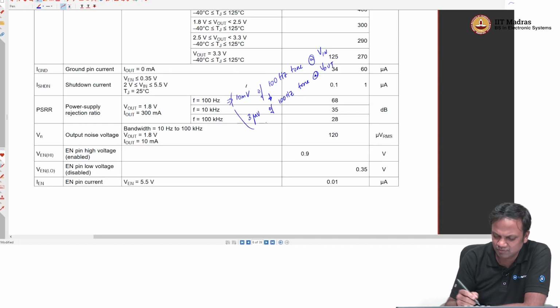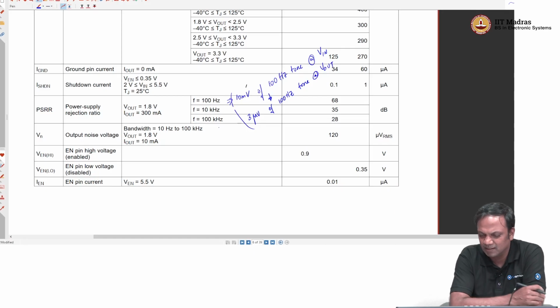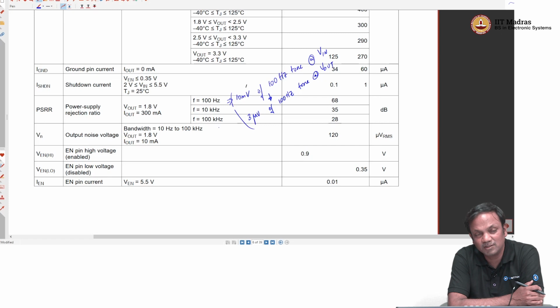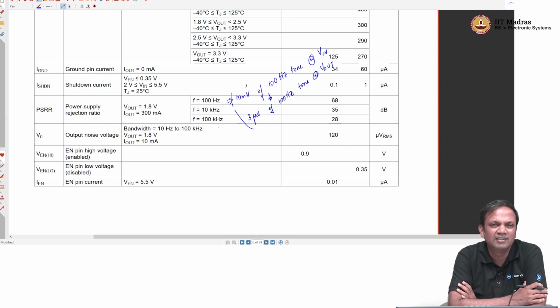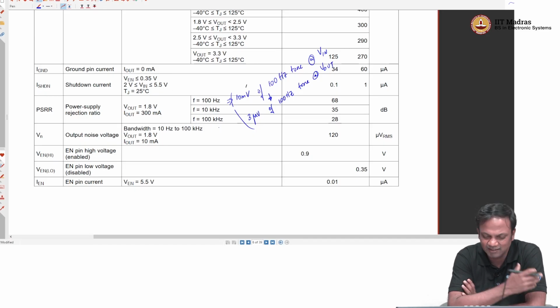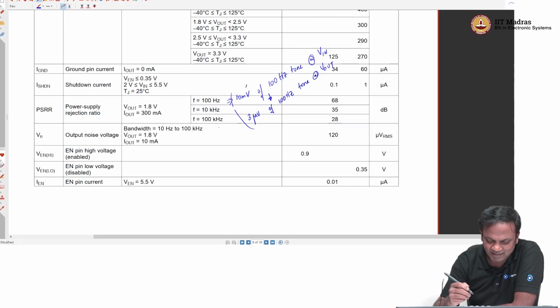Now, you can do this same thing for other frequencies as well, right. And one of the things I want you to think about is, you have read about Bode plot and how loop gain changes with frequency. It will be interesting for you to think about what causes the PSRR to drop with frequency. They are all related in one way or the other, right.